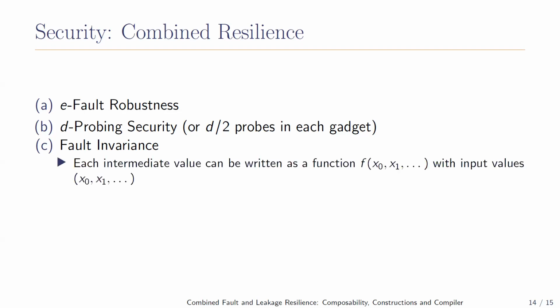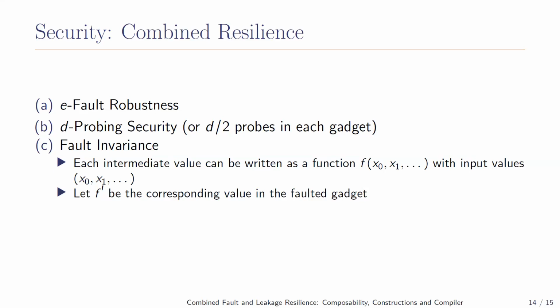And how do we do this? We show that we can describe each intermediate value as a function that depends on the inputs of the gadget. And then we also describe the corresponding intermediate value of the faulted gadget, F prime.